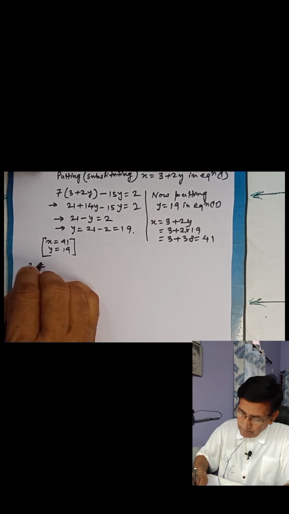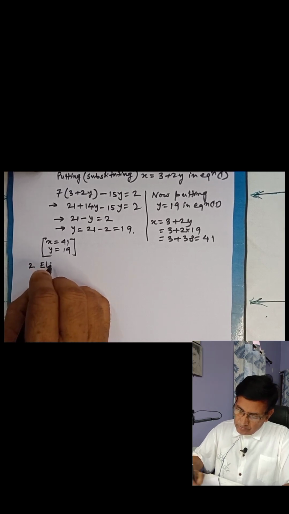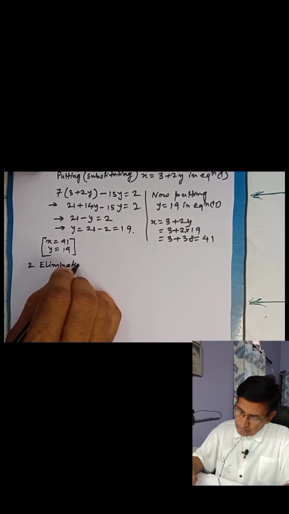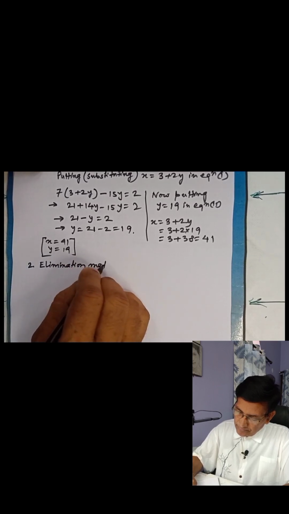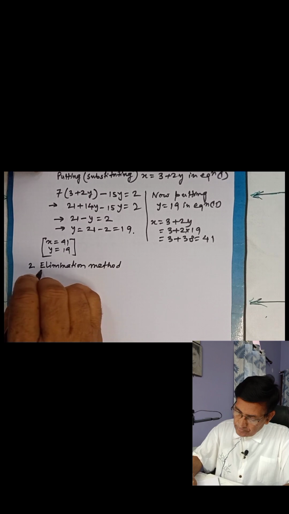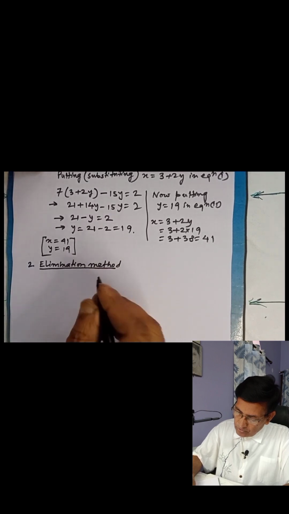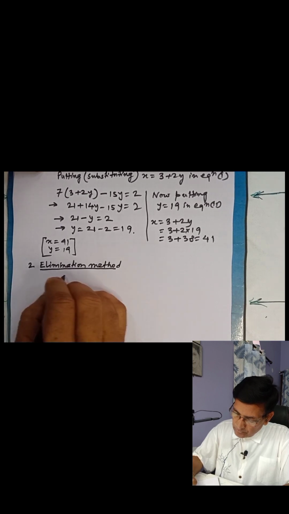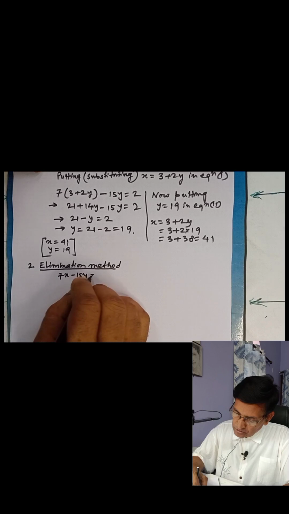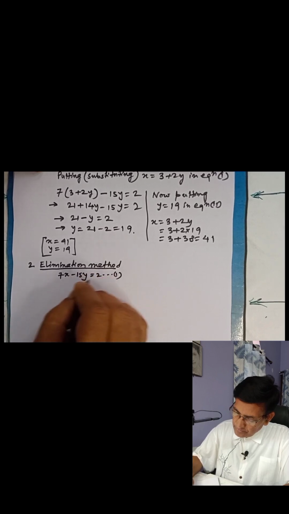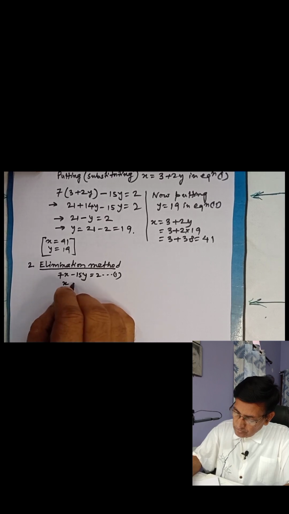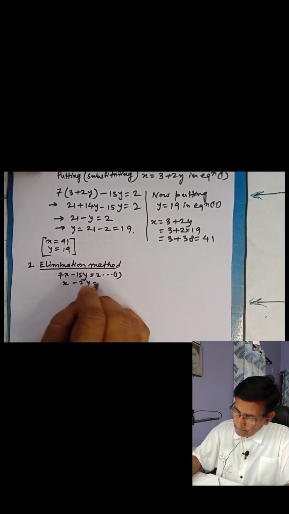Elimination method. Again, the equations are 7x minus 15y is equal to 2, x minus 2y is equal to 3.